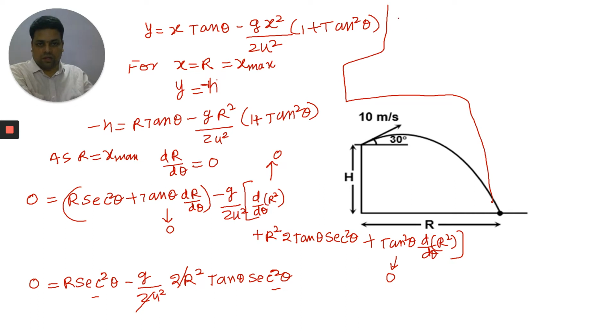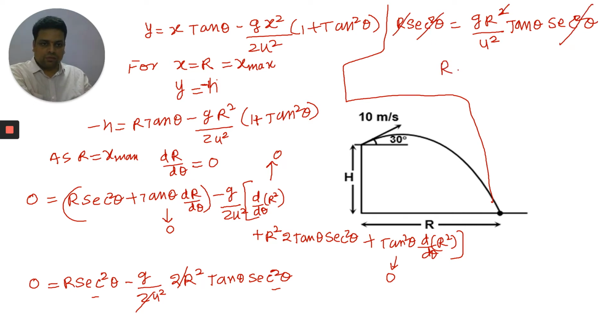Or else I'll write it like this: r secant square theta should become equal to g r square by u square tan theta secant square theta. We can cancel the secant square theta. We can cancel an r. So I would be left with r is equal to u square by g tan theta.